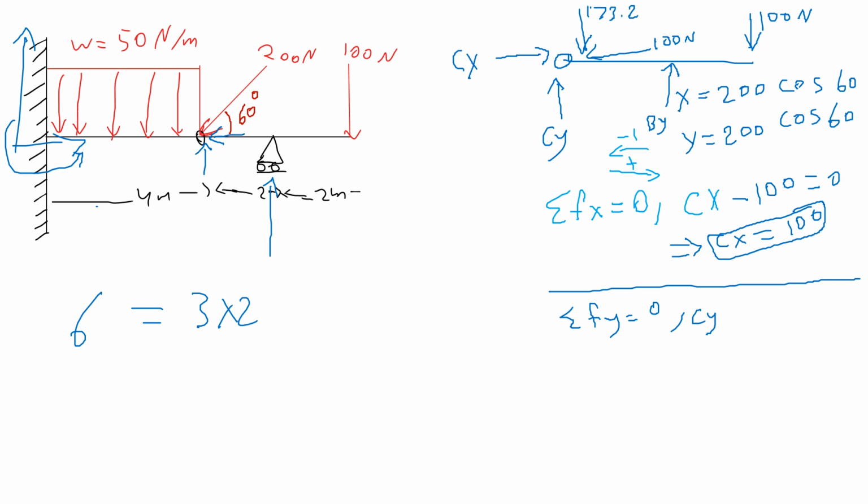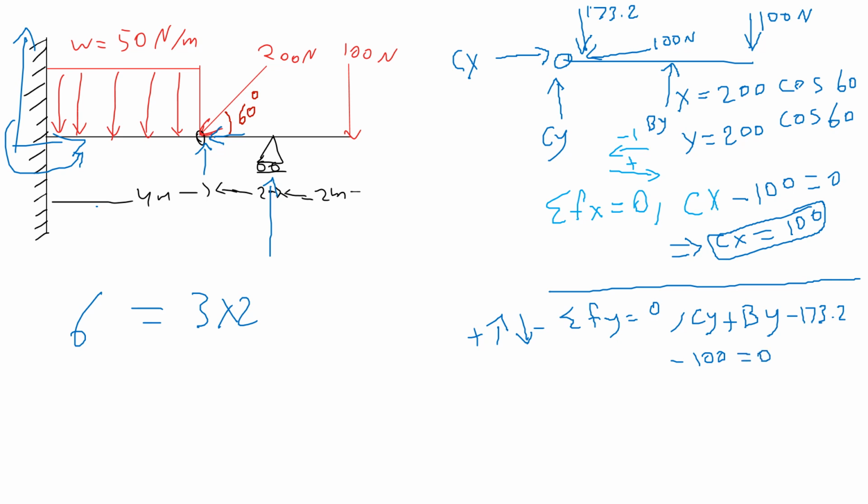I'm going to assume that the arrows that are pointed up are positive, and the arrows that are pointed down are negative. So what I'm going to do is Cy plus By, and what I have is minus 173.2, and then minus 100, minus 100 equal 0.